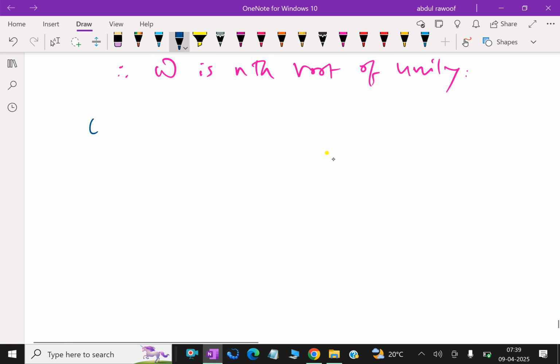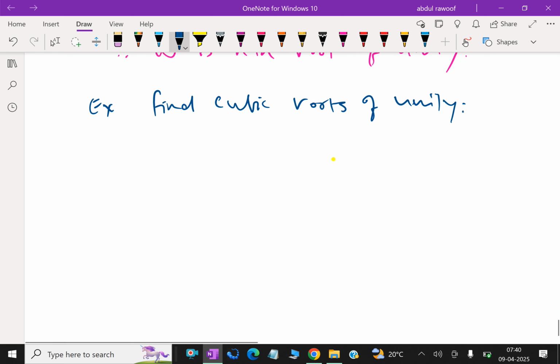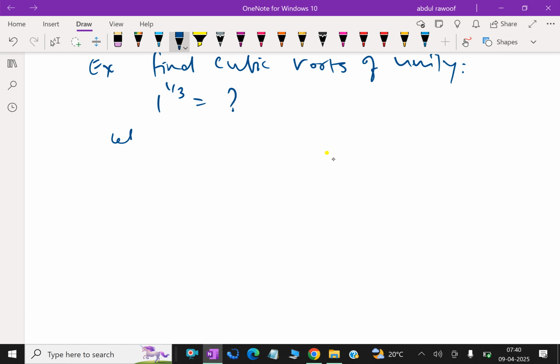Example: find the cubic roots of unity. All roots you have to find. That means 1^(1/3). Let z = 1^(1/3).